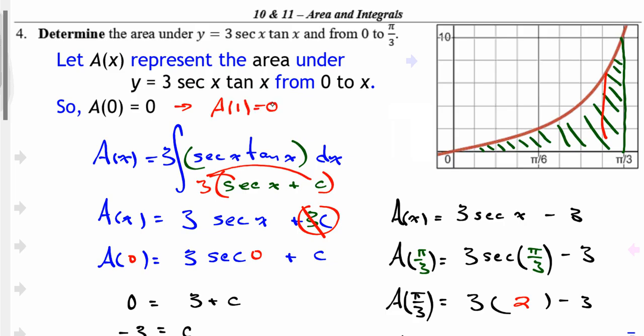And that would have given us a different constant here. So our function would look a little bit different because the constant would be different.